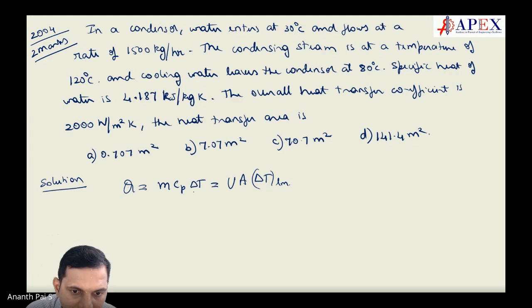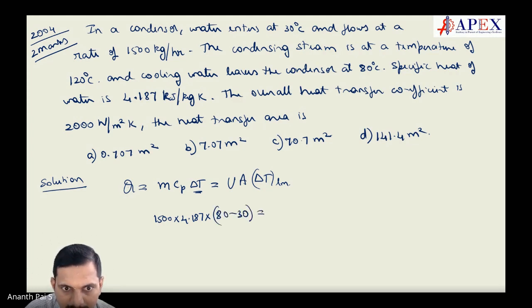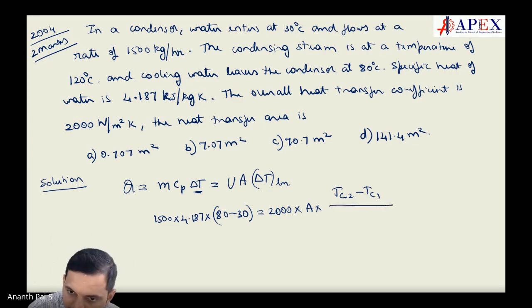Like this you have to find it. So delta T is for this one. m flows at 1500 kg per hour. Cp is 4.187. Delta T is 80 minus 30, and U is given as 2000. Area we do not know. Delta T log mean we can calculate, which is (TC2 minus TC1) divided by log of (T hot minus TC1) divided by (T hot minus TC2).